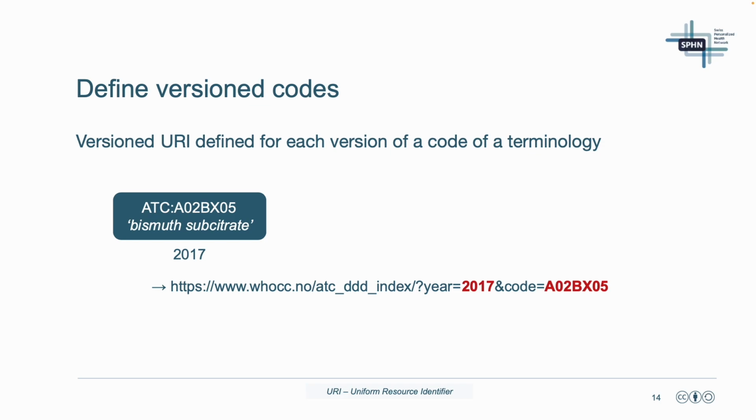That way, each code is uniquely identified. This example shows the ATC code A02BX05 from 2017. Using the link, which is resolvable from the WHO, we are able to define this unique URI with the year information and, of course, the code information.